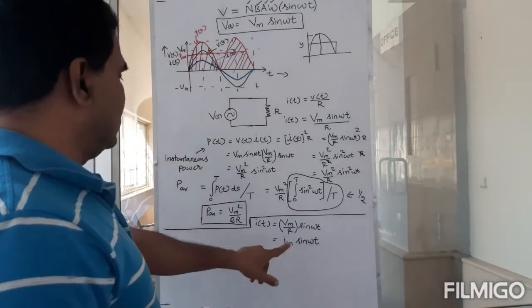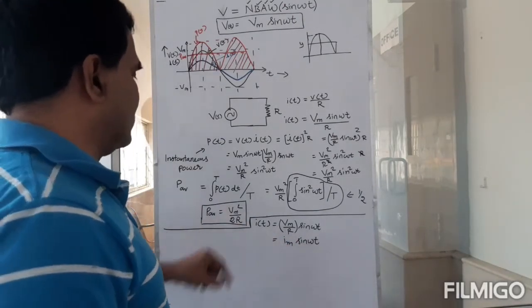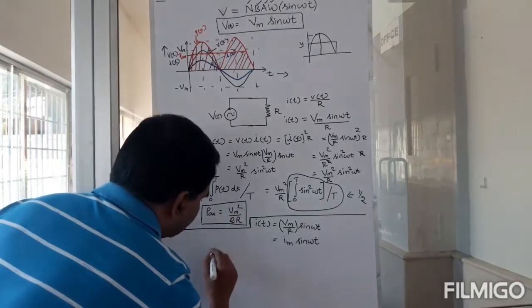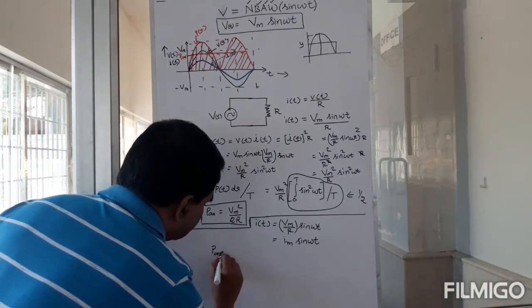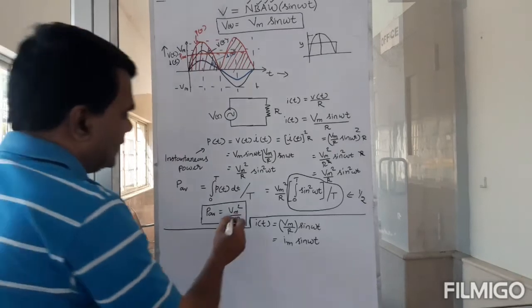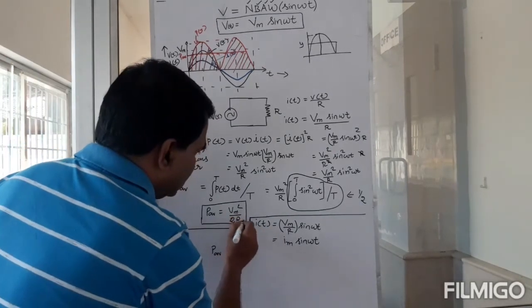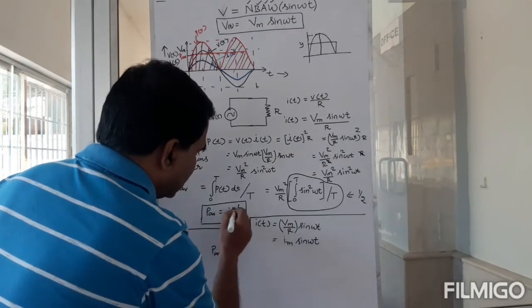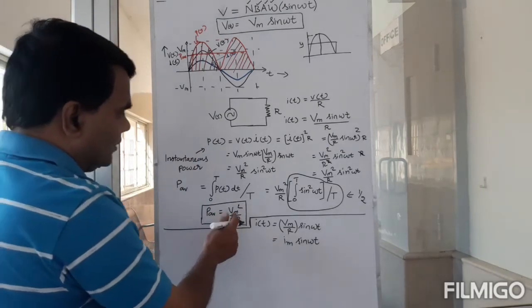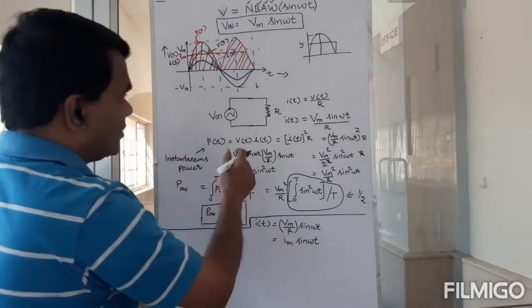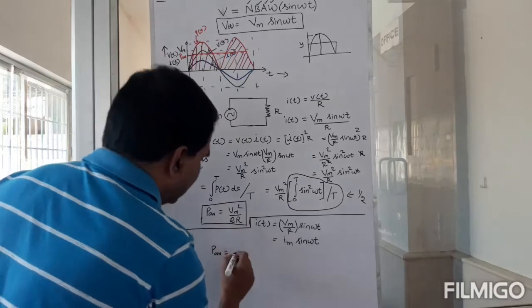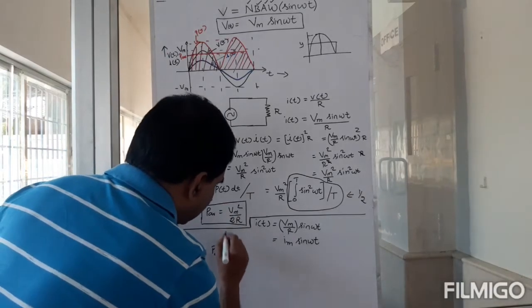If I want to use this in this equation, the average power can be written as Im squared R, right? I will expand it.